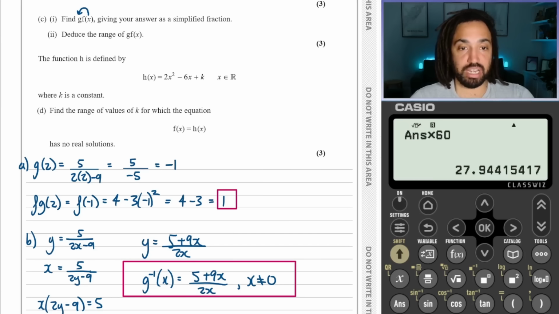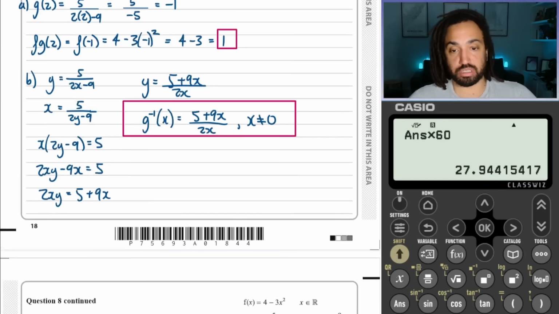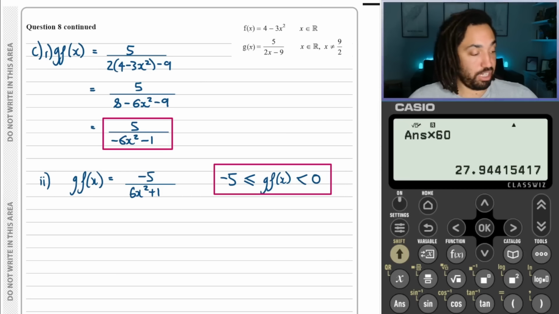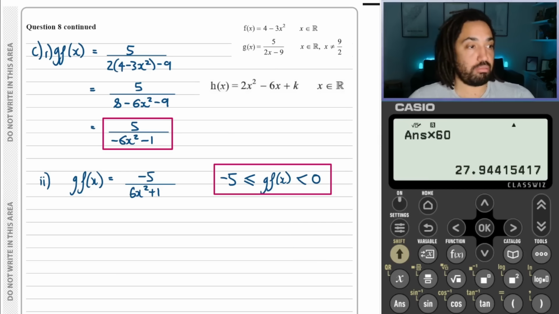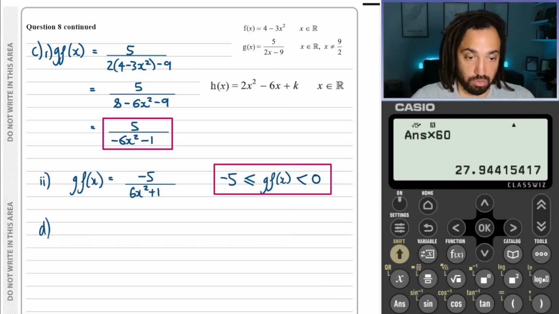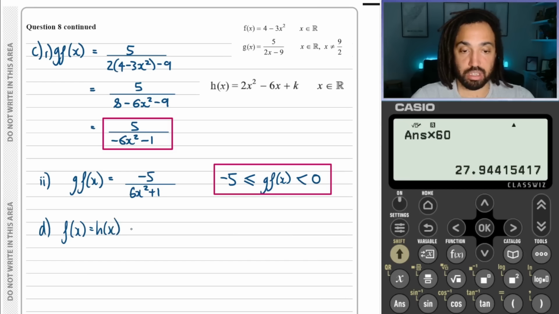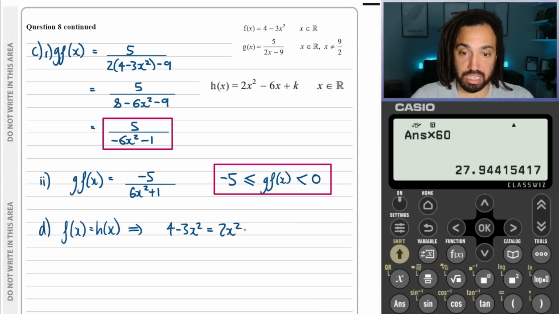It says find the range of values of k, a constant, for which the equation f of x equals h of x, which is this guy, has no real solutions. Okay, so I'm thinking no real solutions means we're going to have to use the discriminant, and it's asking us to solve f of x is equal to h of x, which is going to give 4 minus 3x squared is equal to 2x squared minus 6x plus k.